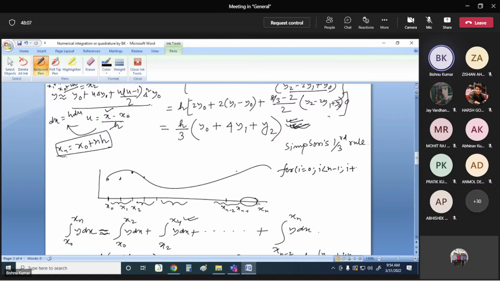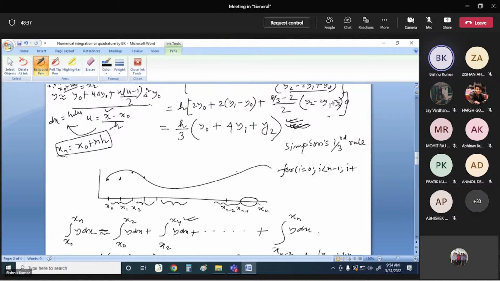And S sum I consider as 0. S sum means the Simpson 1/3 rule output, and within the loop S sum equals S sum plus the formula. This formula means h by 3 into yi plus 4 yi plus 1 plus yi plus 2.